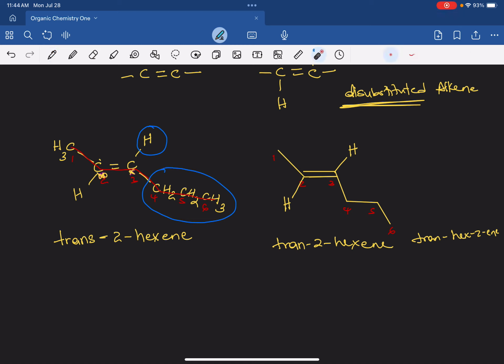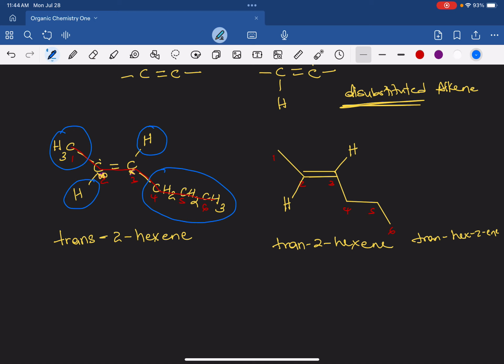That is carbon number 2 and carbon 3. Circle the groups that are singly bonded to it. Notice I'm not doing anything over here, yes? Then go to your next carbon of the double bond, which is carbon 2, and circle the groups that are singly bonded.